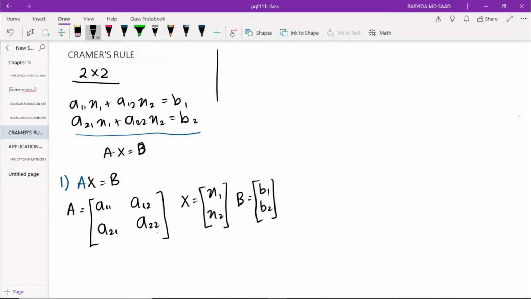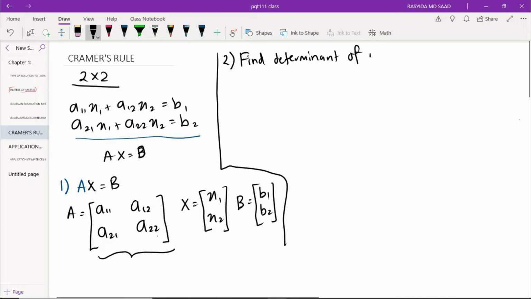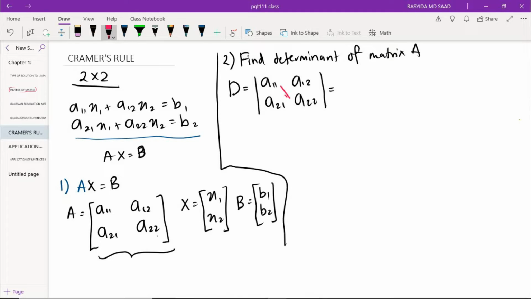Next, we need to find the determinant of matrix A and also the determinants when we modify the coefficient matrix A. So, find the determinant of matrix A. Let's say we denote the determinant of matrix A as D. So A11, A12, A21, A22 is equal to the determinant, as we know: this one multiplied, then minus this one multiplied with the element.